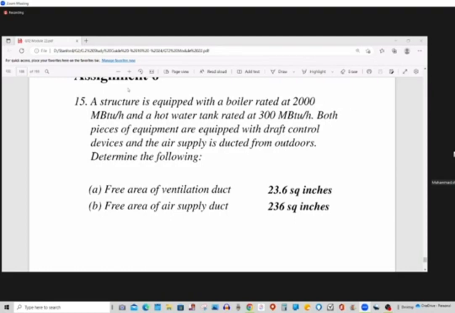Then you go deal with clause number 8.4.1. And this is with the draft control, 8.4.2. Then what you do, you add them together, 2,300,000. Now, the first million we will do with 7,000.